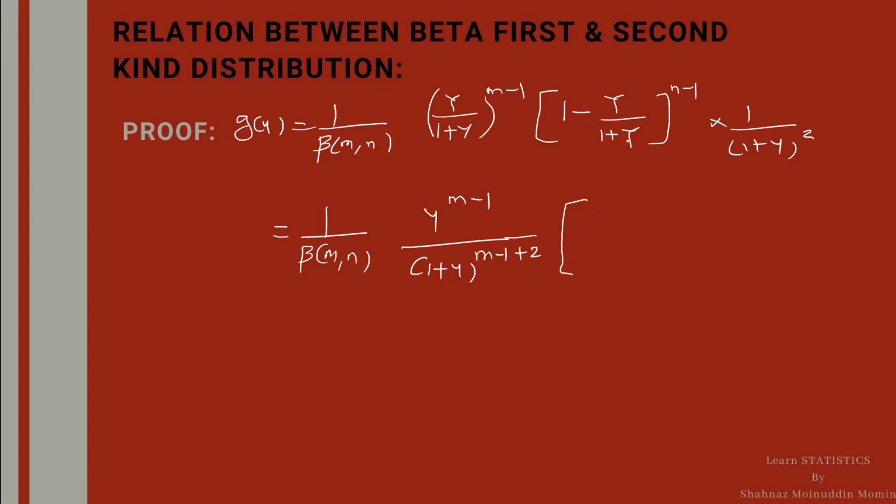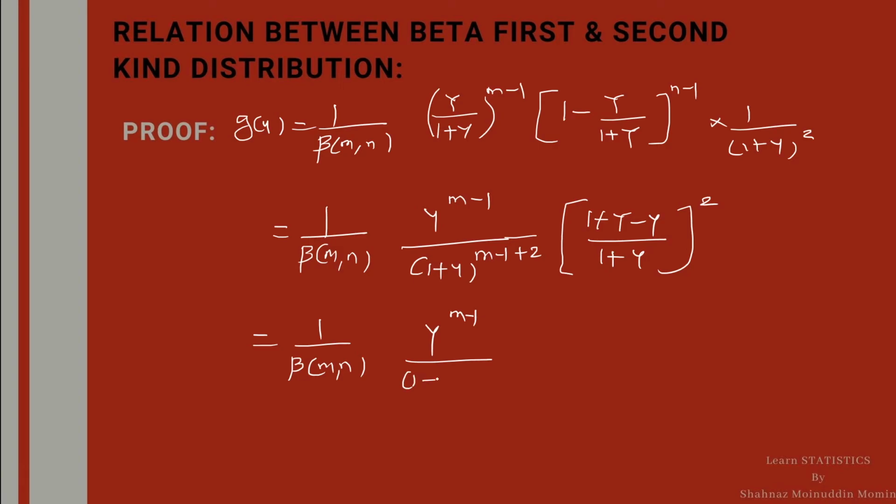I simplify the bracket by taking the cross multiplication. So it is 1 plus y minus y upon 1 plus y whole square, which is equal to 1 upon beta m n, y raised to m minus 1 upon 1 plus y raised to m plus 1, into, this y and y cancel, so it is 1 by 1 plus y bracket raised to n minus 1.